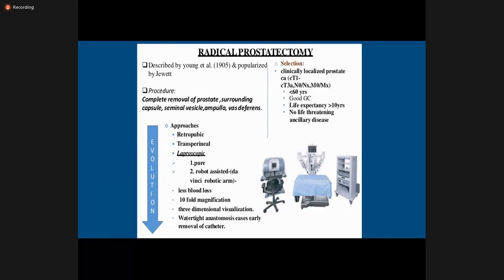Advantages are that it completely removes the prostate. Again, there are so many options for how to do surgery for radical prostatectomy. One is open, the other is laparoscopic, and the most advanced is robotic surgery.